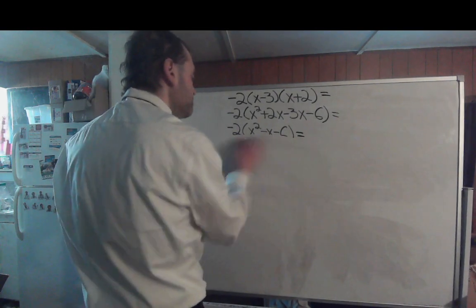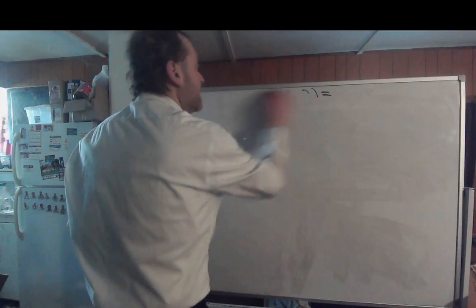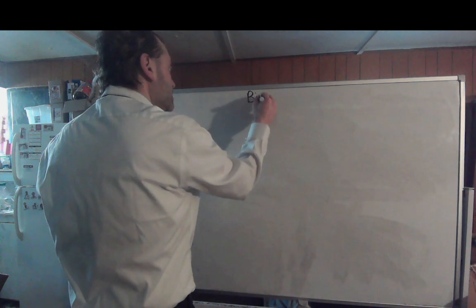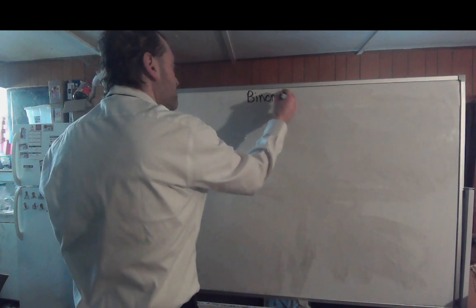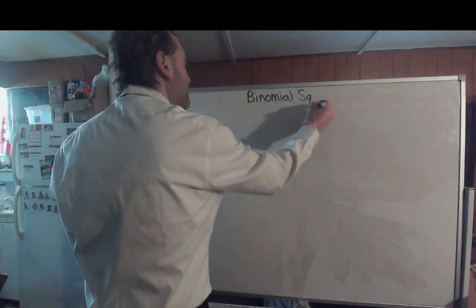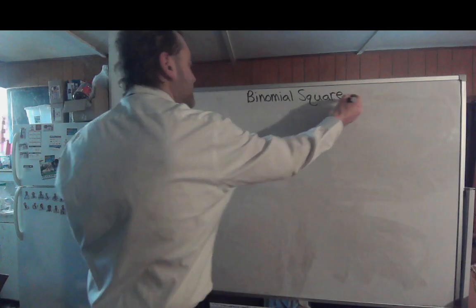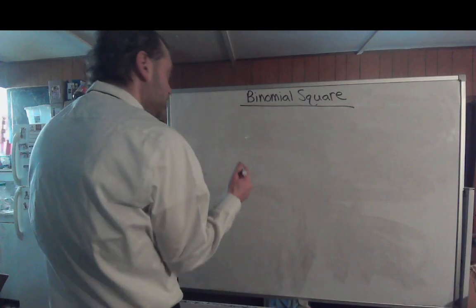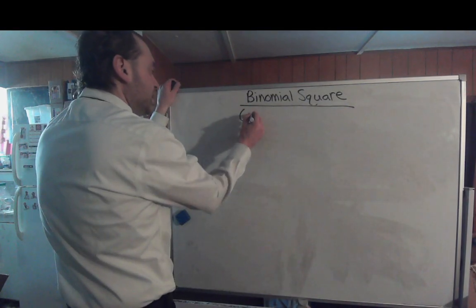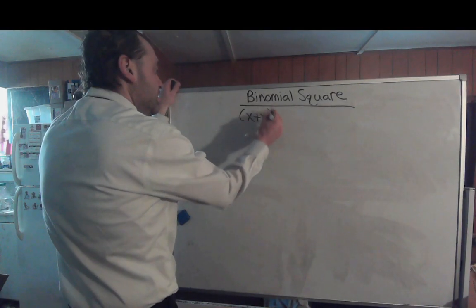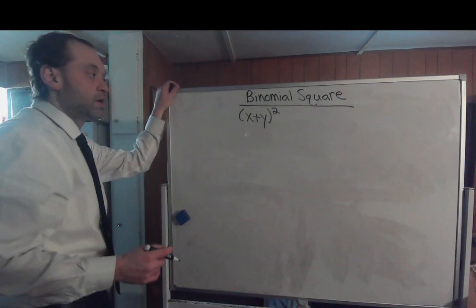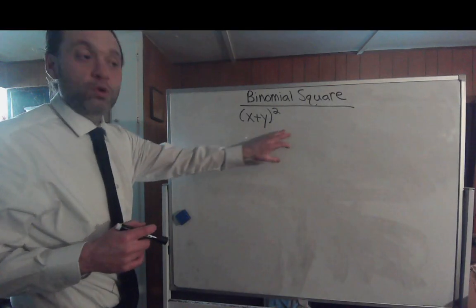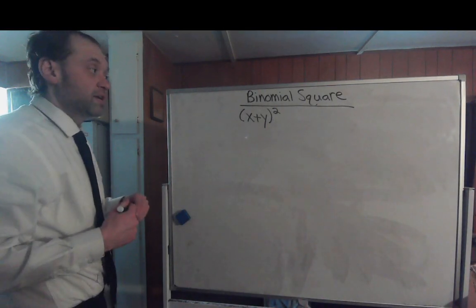Alright, now let's move on to binomial squares. So you have what's called a binomial square. And again, binomial means it's an expression or equation of two terms. So let's say I have something like x plus y raised to the second power. So that's a quantity of a sum raised, or a difference raised to the second power.